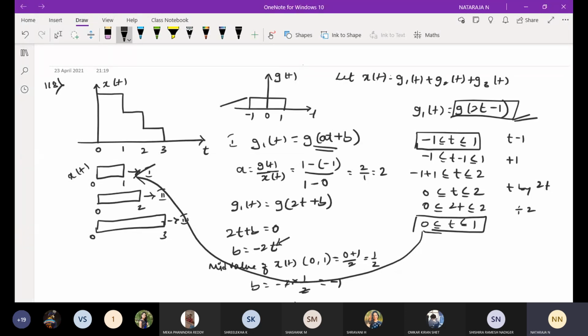Then finally, you have to write x of t is equal to what we got first, g of 2t minus 1 plus g of t minus 1 plus g of 2 by 3t minus 1, you are going to get.